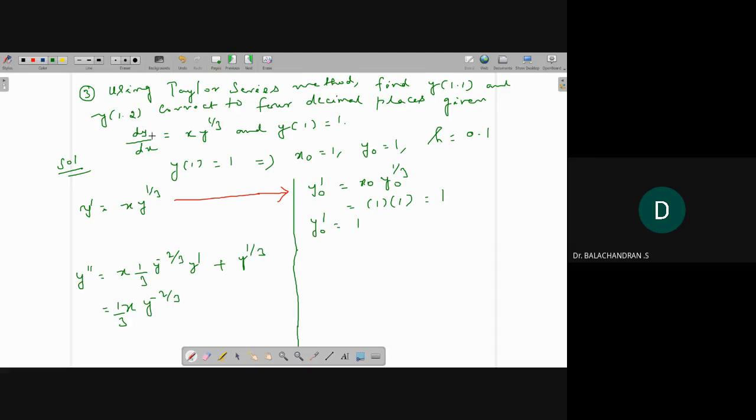What is y dash? Y dash is x into y power 1 by 3, plus y power 1 by 3. So this is equal to 1 by 3 x square into y power minus 1 by 3, plus y power 1 by 3. This is y double dash.